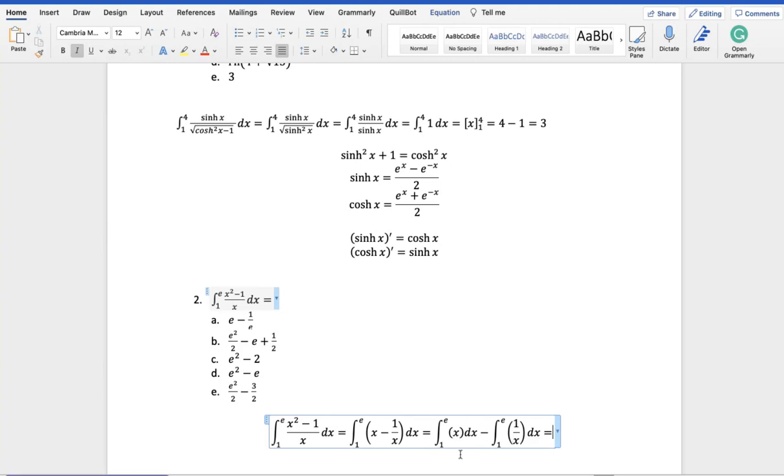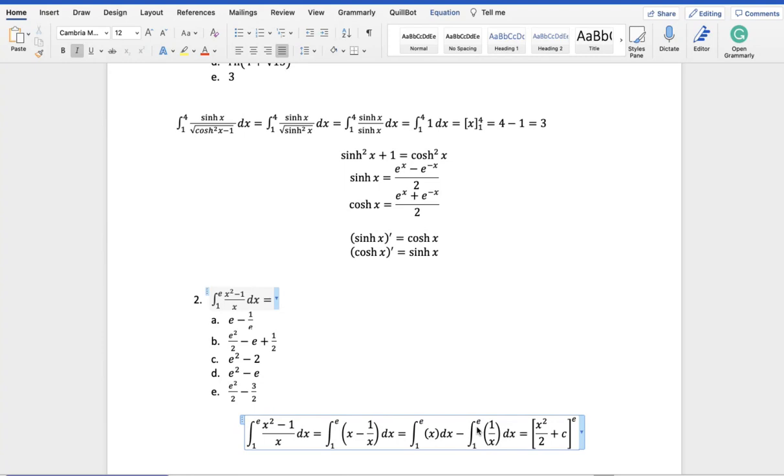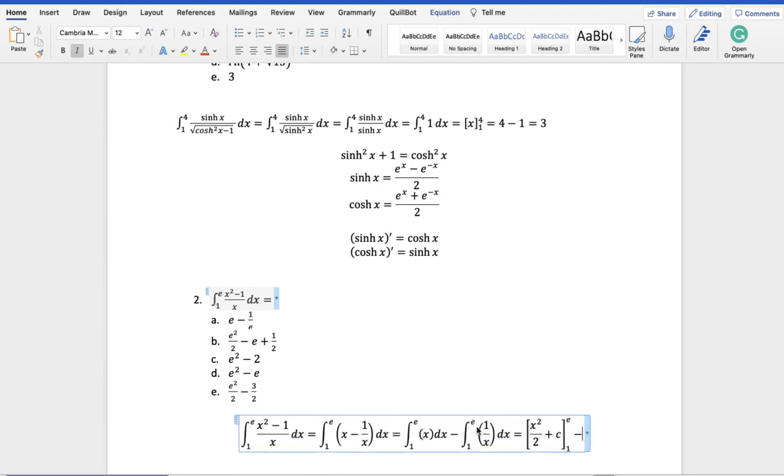Now the integral of x is just x squared over 2, plus c. Always remember the constant of integration. But now this is evaluated between e and 1, minus the, what is the integral of 1 over x equal to? Can anyone suggest the answer here?